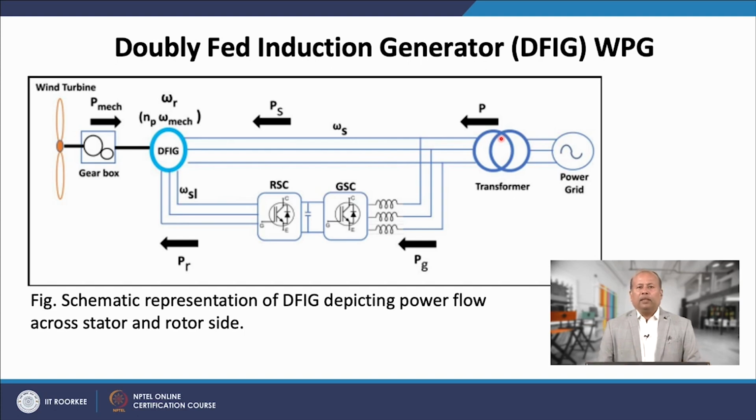Whereas, during the synchronous mode of operation, there is no power injected or absorbed from the rotor and the entire power from the wind system is transferred to the grid via the stator itself. In summary, by controlling the RSC and GSC, the DFIG wind system can be made to function in all three modes of operation.